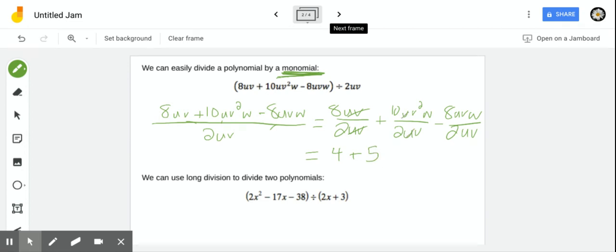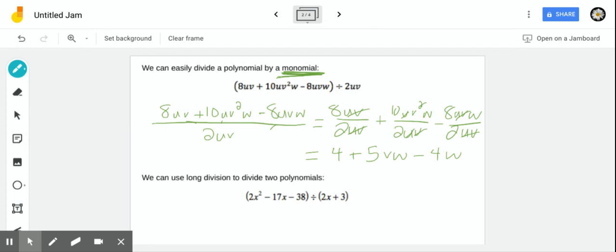The u's cancel. One of the v's cancel. That one cancels, and so we're just left with 1 on top. And then w minus 8 divided by 2 is 4. uv is going to cancel, and you're just left with w. Okay. So if you're dividing by a monomial, you can do just a real quick, easy way, split it up, divide everything by that monomial.